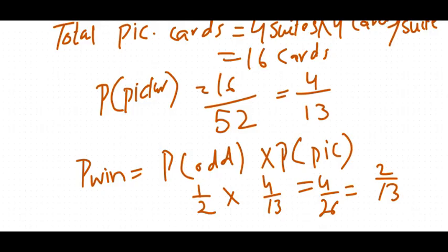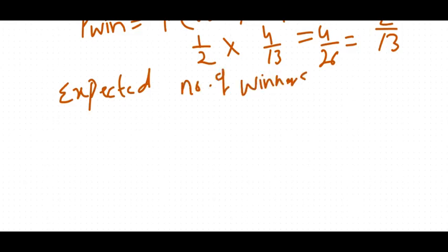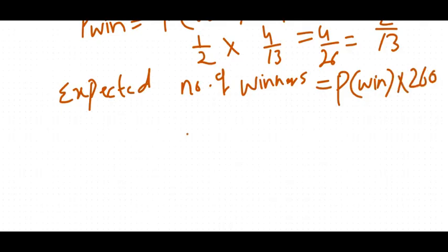So we have the expected number of winners equals P win multiplied by 260. P win equals 2 by 13, multiplied by 260.